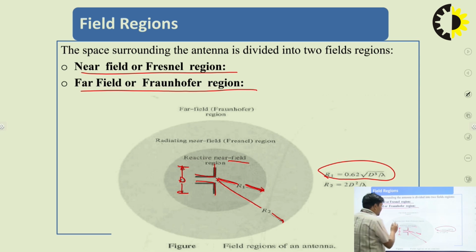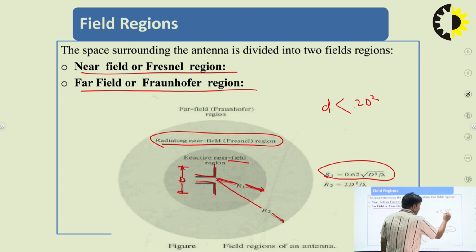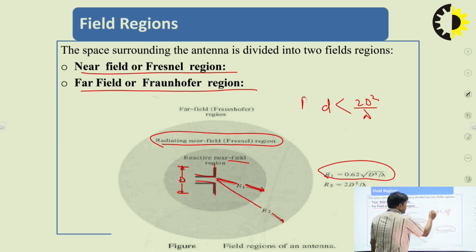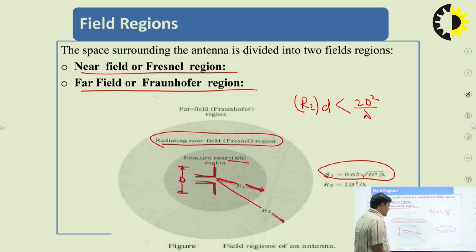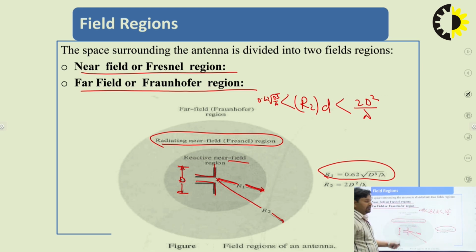But in the radiating near field region, or Fresnel region, the distance R or D is less than 2D square by lambda, where D is the length of that particular antenna and lambda is the wavelength for the desired frequency. If the R2 distance is less than 2D square by lambda and greater than 0.62 under root D cube by lambda, then we can say that particular region is the radiating near field region, or Fresnel region.